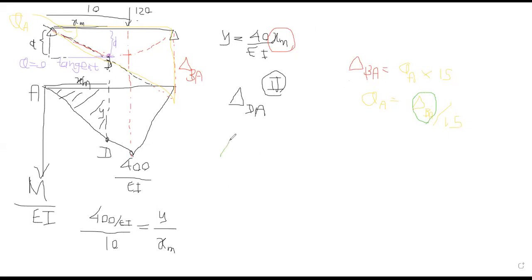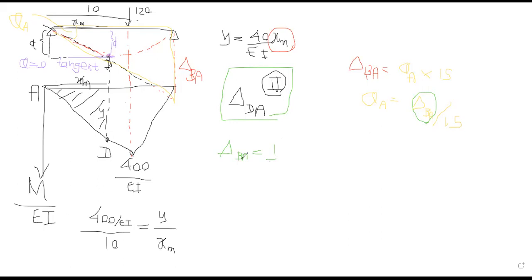So delta BA, I can find how? Finally I need to come to here, right? So delta BA is the moment of area of this M over EI diagram. These are two triangles, I can take each one.